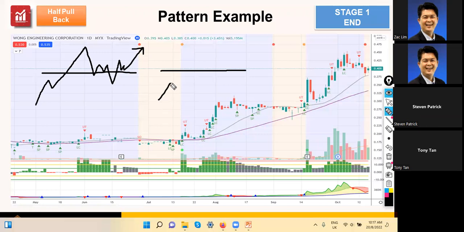Another one is like here, you break up and it comes down straight away, breaks the support, then this support becomes resistance, then suddenly it breaks out. It jumps and becomes something like this, a bull trap, and this is a bear trap.